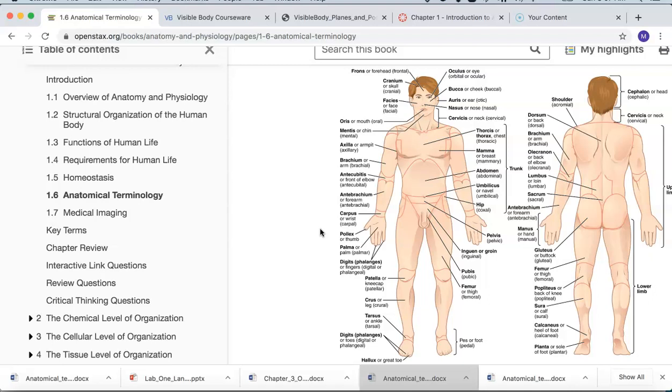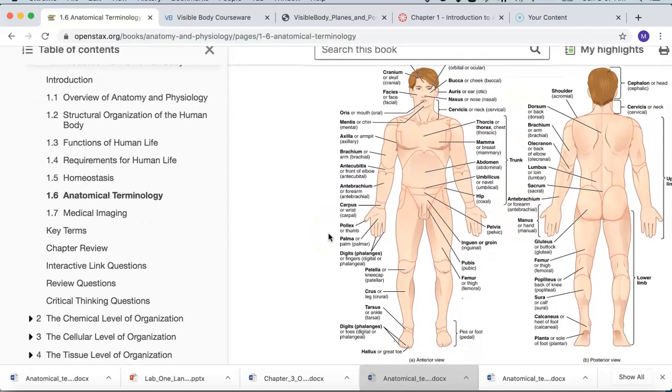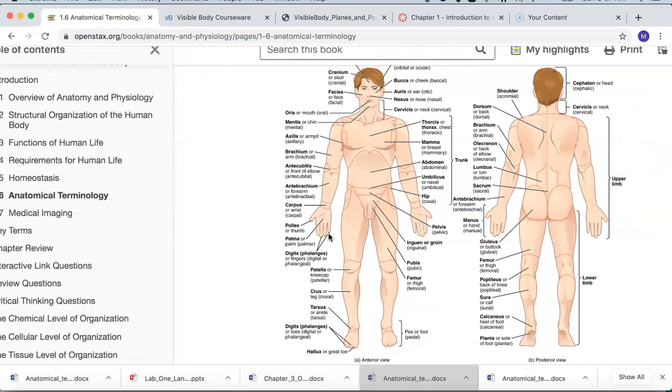What I would like you to do with this is sort of go up and down this particular image here and look at some of the anatomically correct names of these areas. For example, we might refer to the armpit, but the proper anatomical term is axilla or axillary.